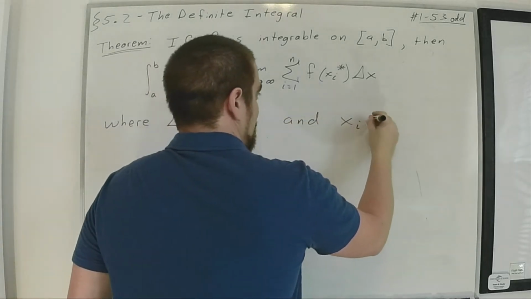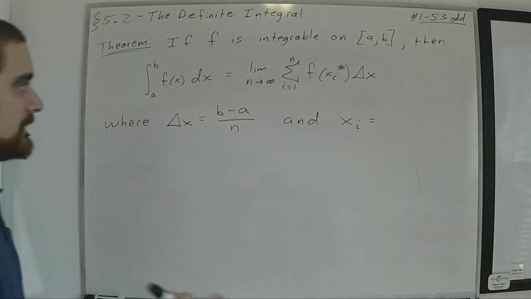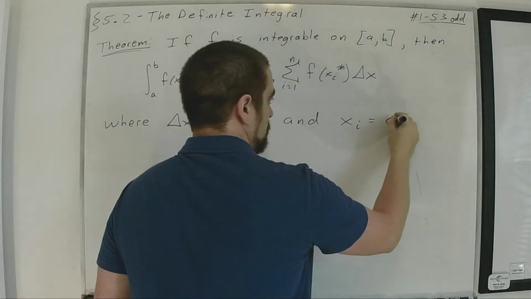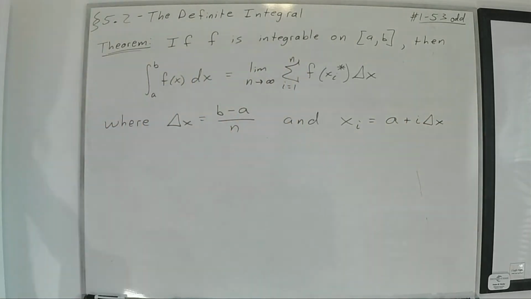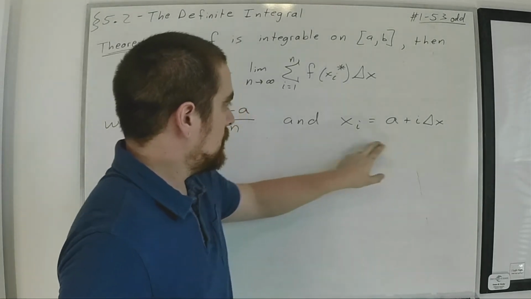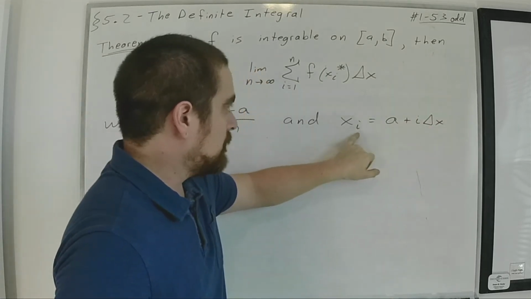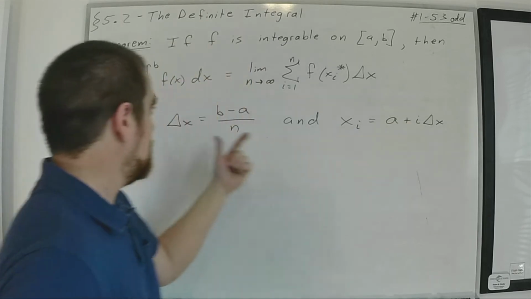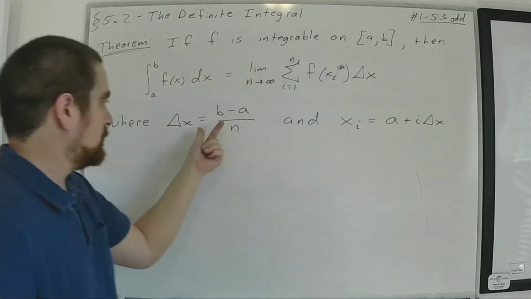And x_i is going to be found by starting at the beginning of the interval and then adding each change delta x to it. So x0 would be just a, since I start at a. Then I go to x1, so I get a plus that little bit of change. Then x2 would be a plus 2 of those little bits of change.